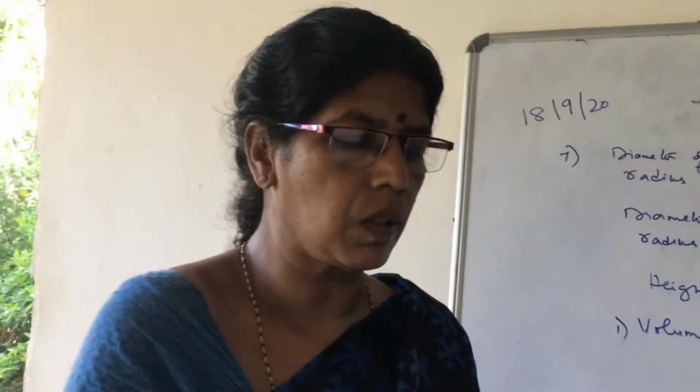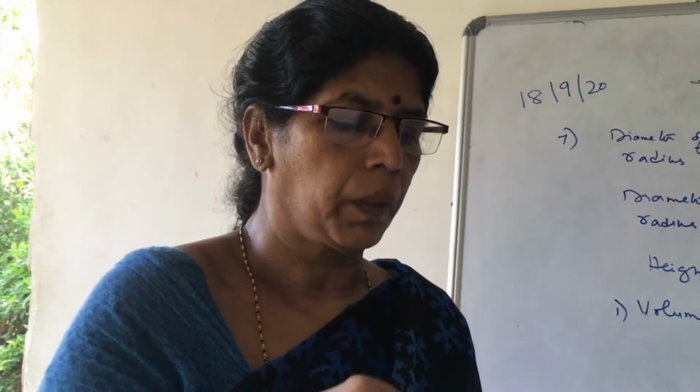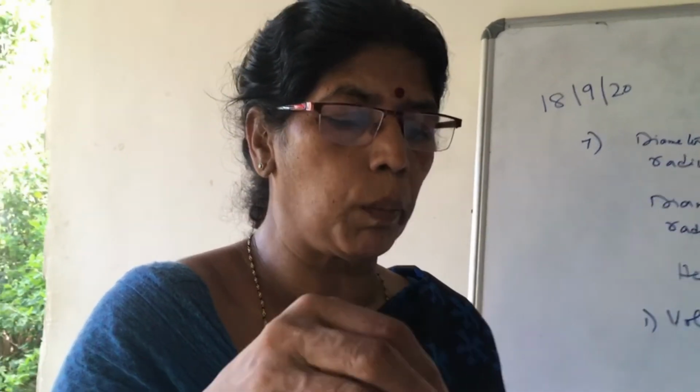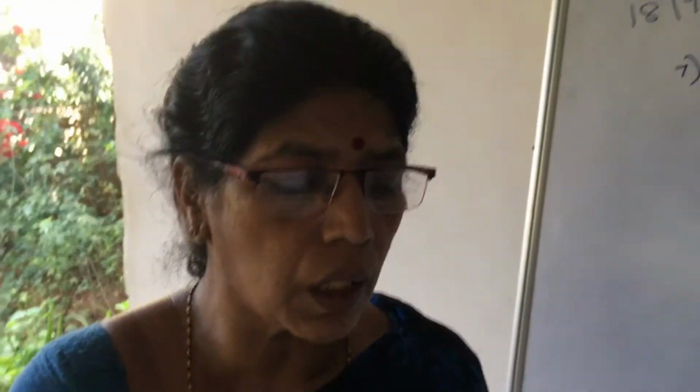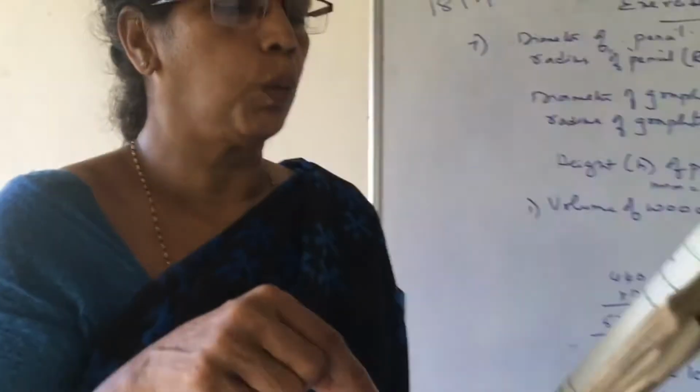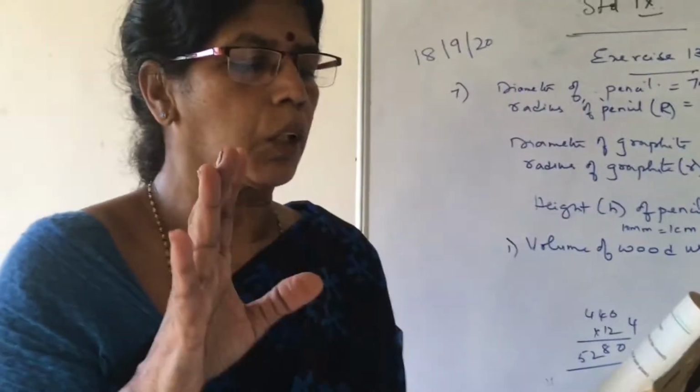The diameter of the pencil is 7 millimeters and the graphite is 1 millimeter. Graphite is inside, children, so its diameter will be less than the pencil diameter. If the length of the pencil is 14 centimeters, find the volume of the wood and that of the graphite.